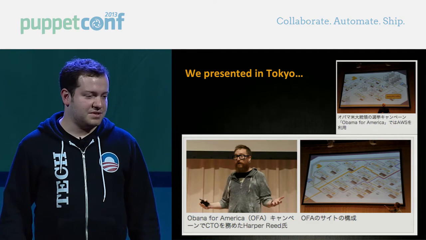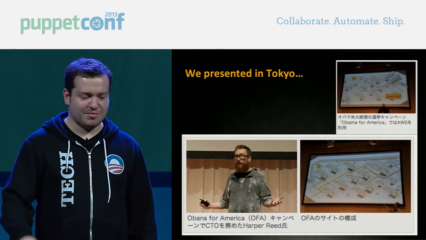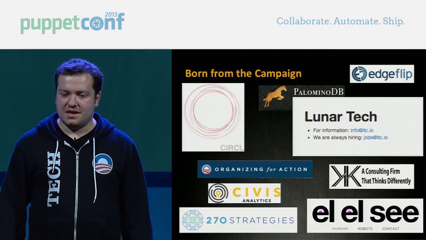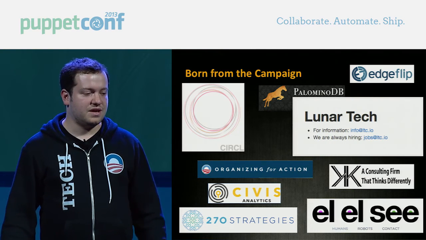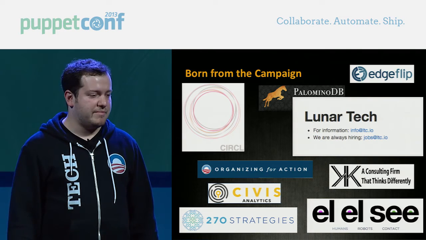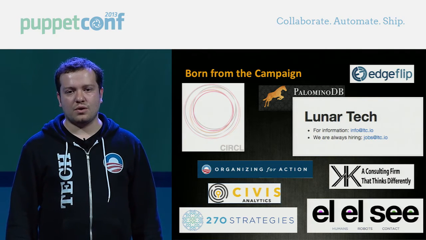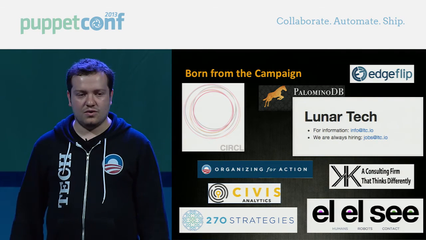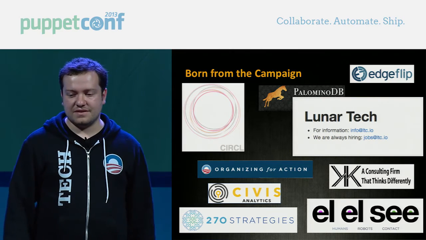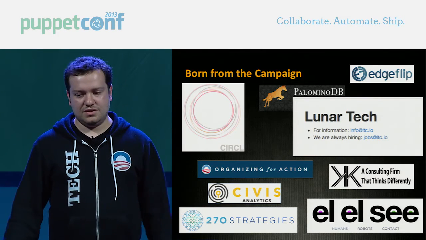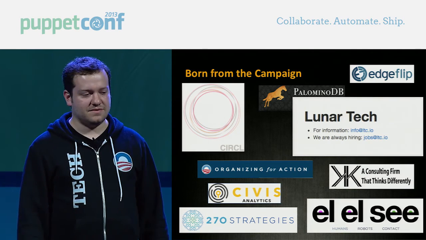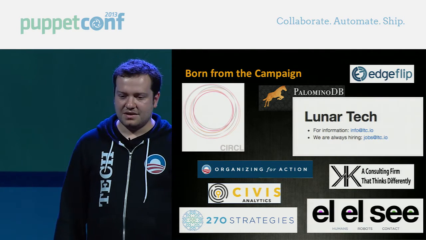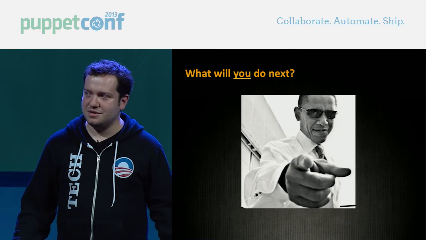And then we presented it in Tokyo. That's Harper, the CTO. We've had a lot of startups come out of it. The campaign transitioned into Organizing for Action, and there's a bunch of stuff now. It's exciting to see all the stuff that's developing from the campaign. So what should you do now that you know this?